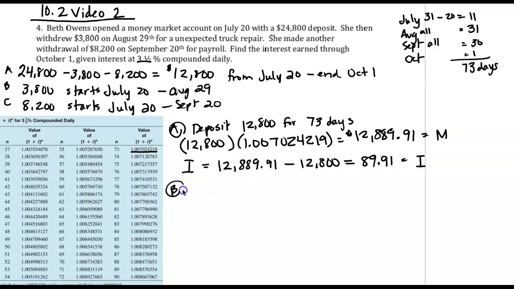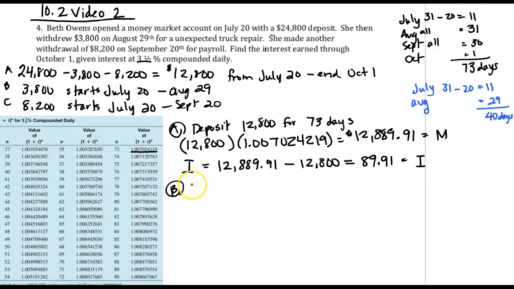Let's look at Section B, the $3,800 from July 20th to August 29th. So we need some July dates and some August dates. Okay. In July, there are 31 days of July, but 20 of them are already used, and that leaves 11 days left in July. In August, we're going to use the first 29 days, and then total we get 40 days.